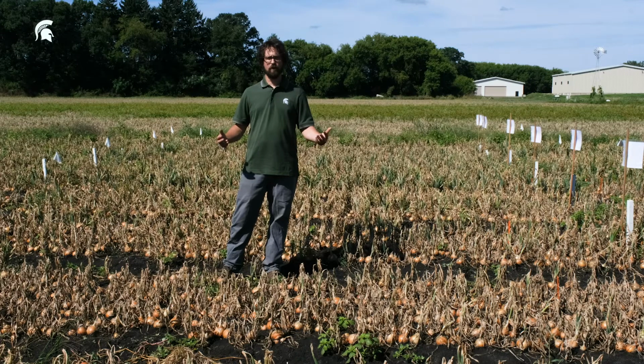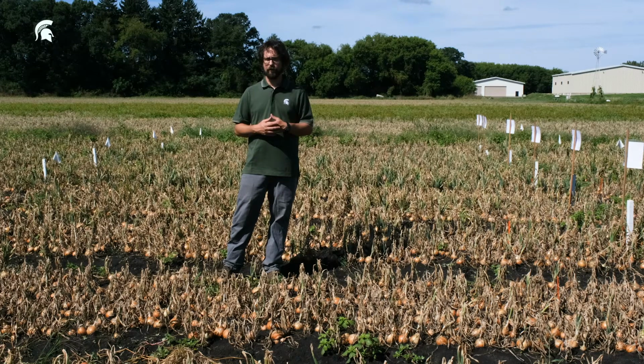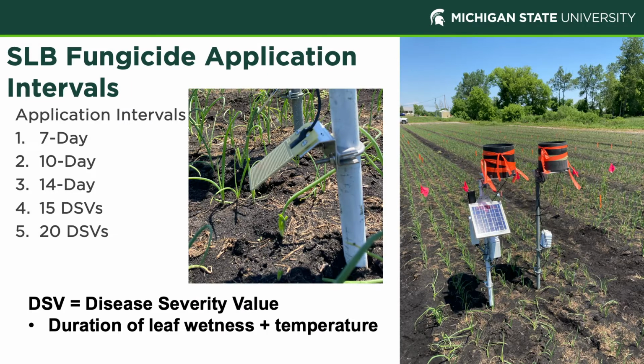Okay, so here we are in one of the replicates of our second experiment. Now in this experiment, what we wanted to look at was how often we should apply the fungicides. So some of the treatments that we tested were a 7-day application interval, a 10-day application interval, a 14-day application interval, and then we used the disease prediction tool called Tomcast, which was developed for Alternaria on tomatoes.